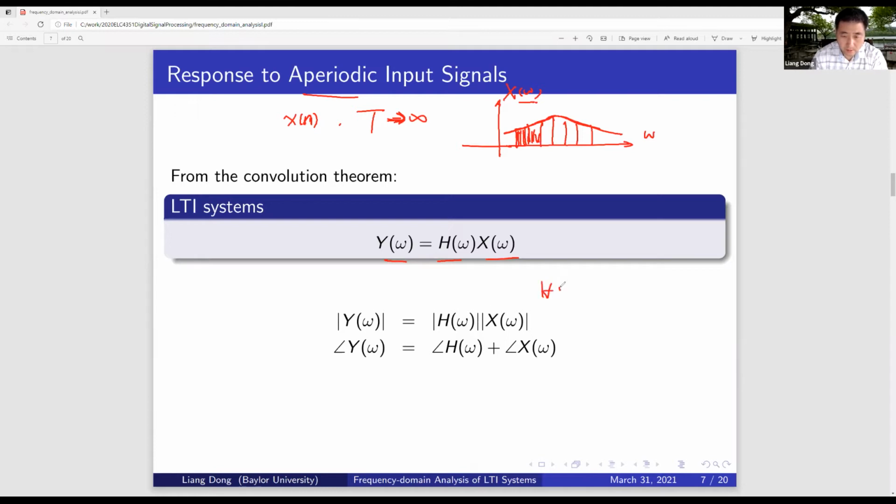This is because you have two parts: the H(omega) amplitude, and the phase, e to the power j omega h. Therefore, for the phase, using the product, the phase is an addition of those.